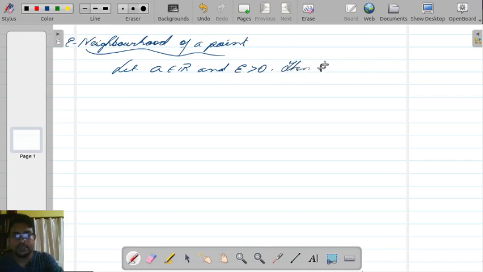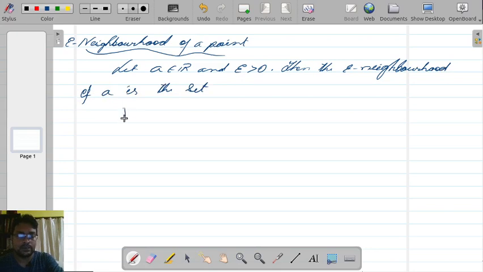Then the epsilon neighborhood of a is the set, let us write it as N epsilon, equal to the set of all those real numbers which satisfy mod of x minus a strictly less than epsilon. This is called epsilon neighborhood of a point.